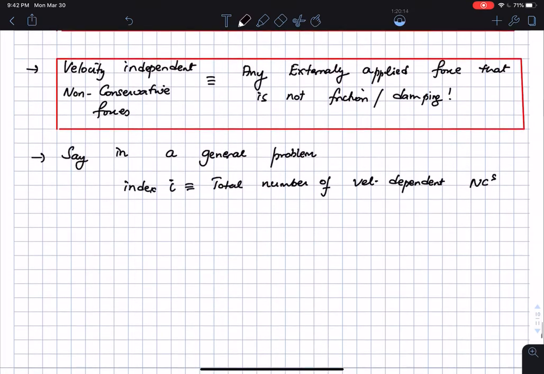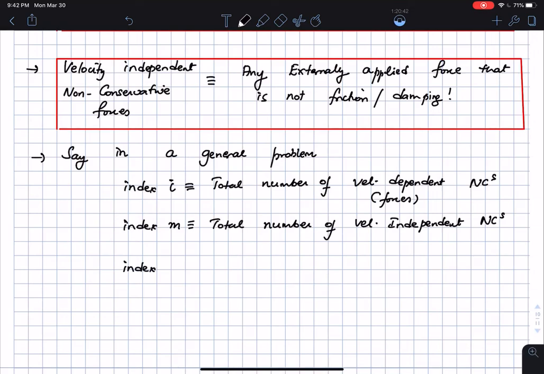Then let's say the index M is the total number of velocity independent non-conservative forces, and then some index, I guess I have Q and R used everywhere, so let's say N is the total number of applied torques.